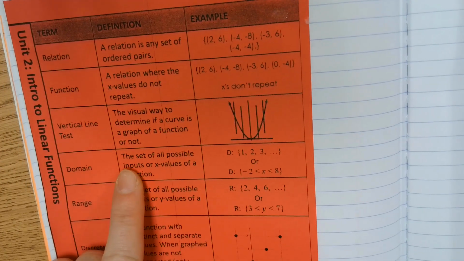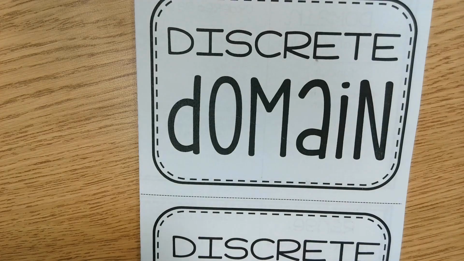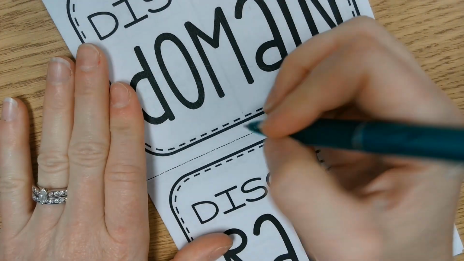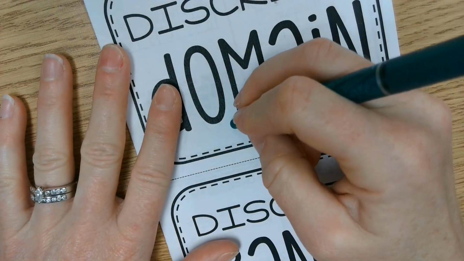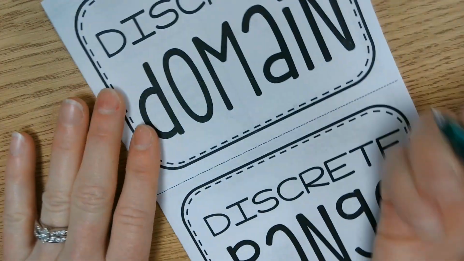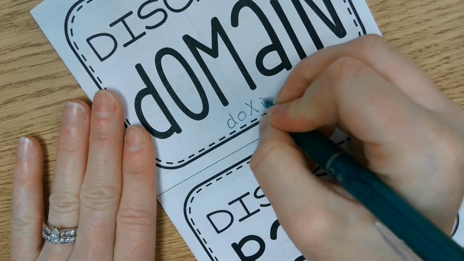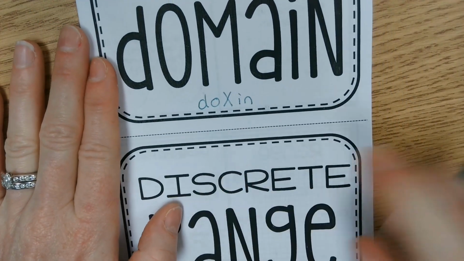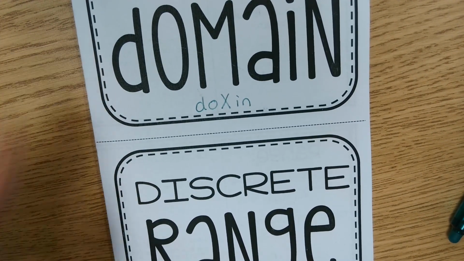And we are going to start with domain. So domain says the set of all possible input values of a function. So domain is X. And what I try to teach is doxin, like this, D-O-X-I-N.